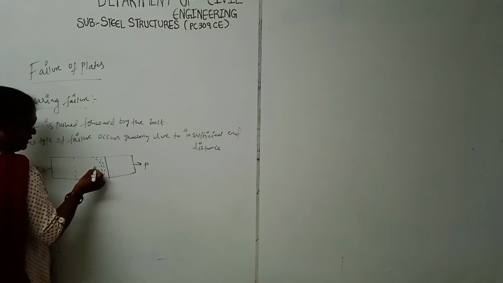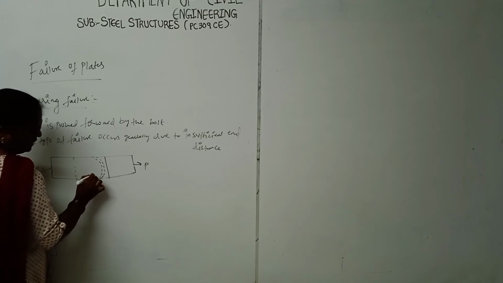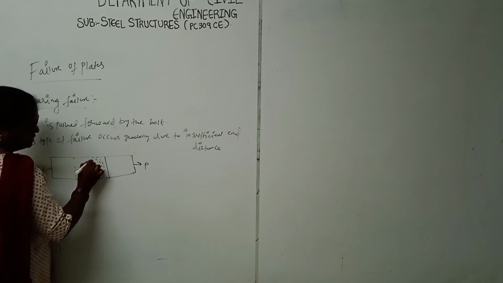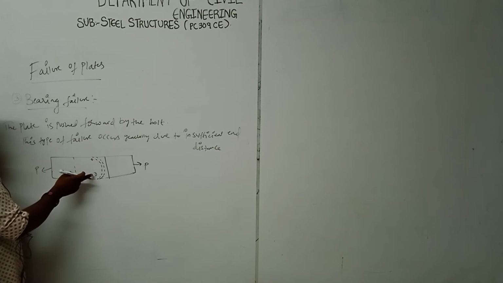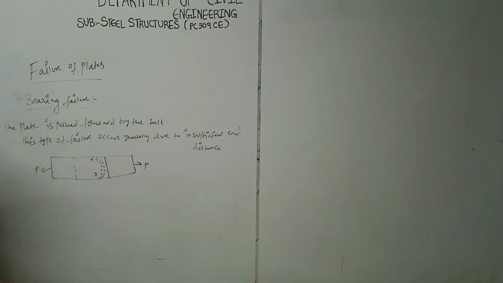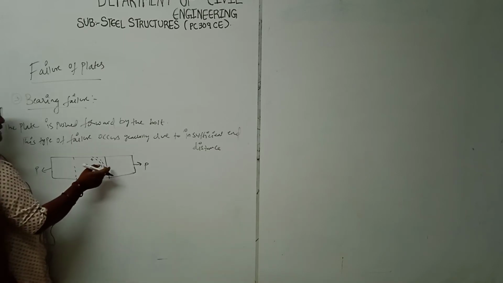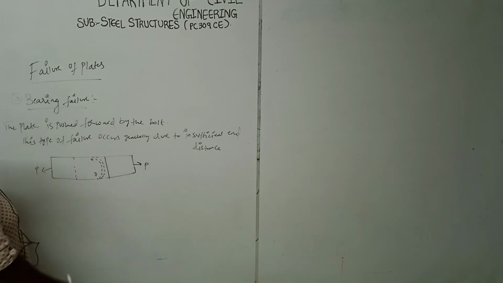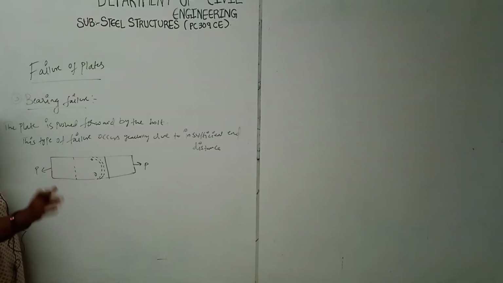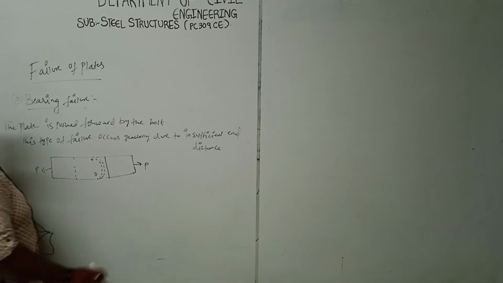If you don't provide the end distance properly, the bolt can't be accommodated and there will be an eccentricity. Due to that, the plate gets a bearing failure, meaning it changes its shape because it is being pushed. The bolt is trying to come out from the plate, so automatically it is pushing. At that moment bearing failure will occur.